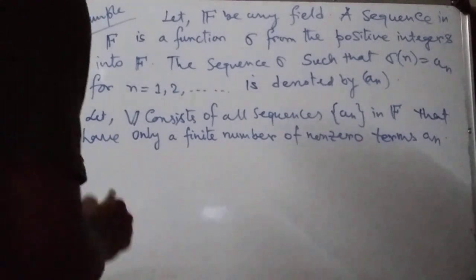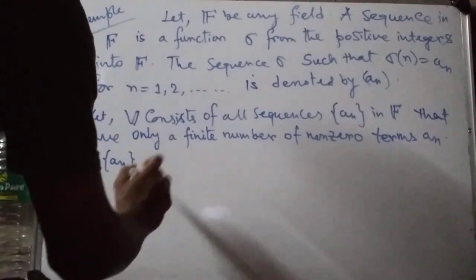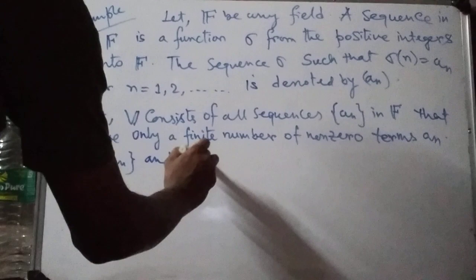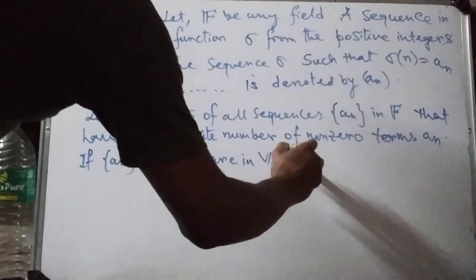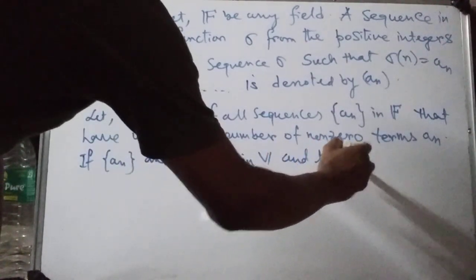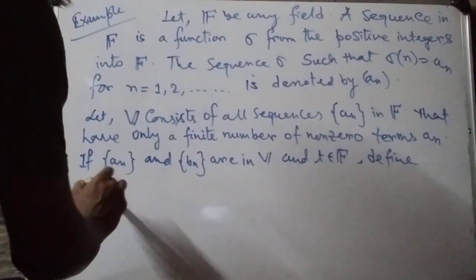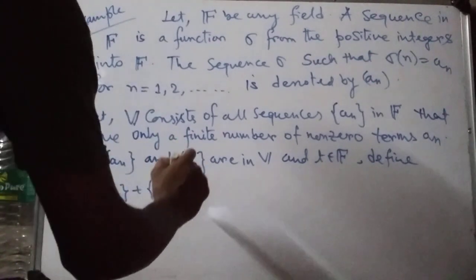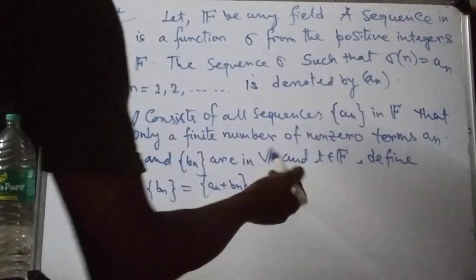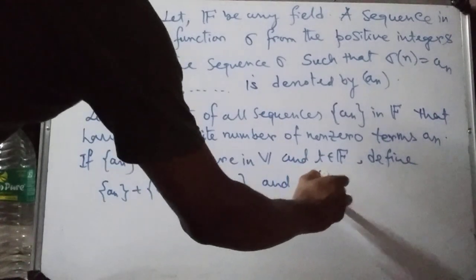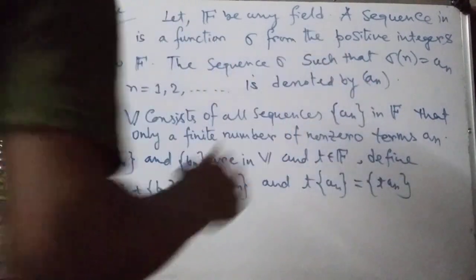Then if {a_n} and {b_n} are in V, and t belongs to F, we define {a_n} plus {b_n} equal to {a_n plus b_n}, and t{a_n} equal to {t a_n}.